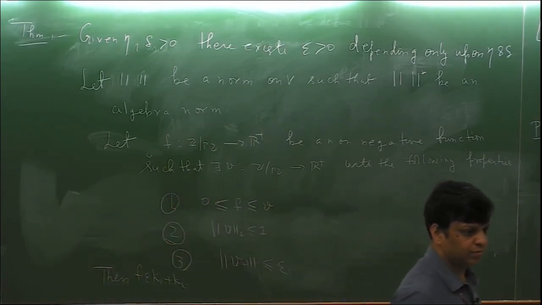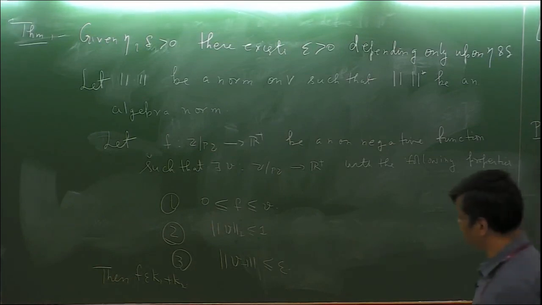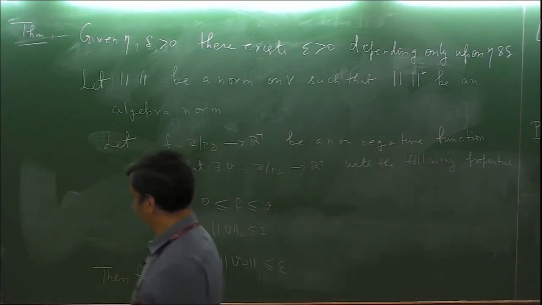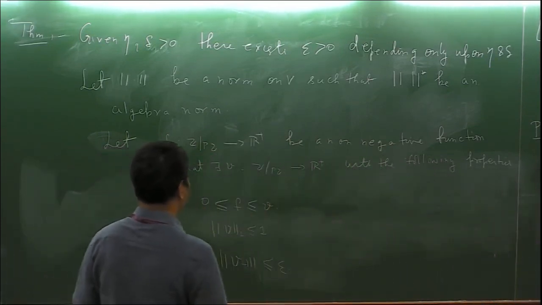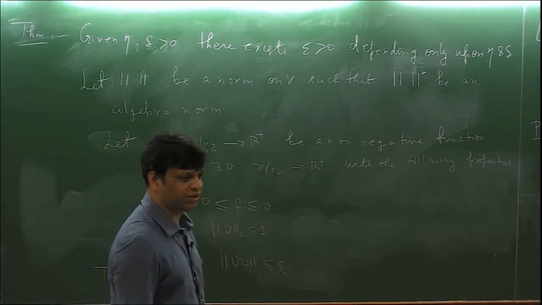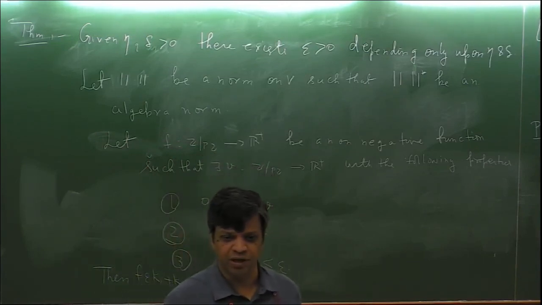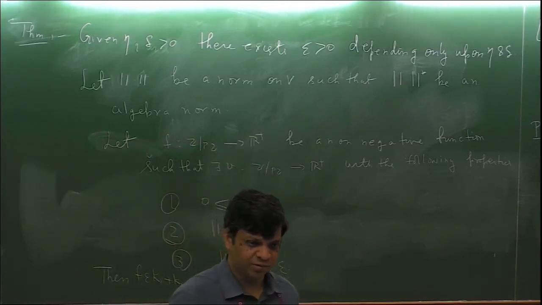Such a v will be called a pseudo-random measure. So basically, if the function is dominated by a pseudo-random measure, then it can be decomposed into the functions we want.